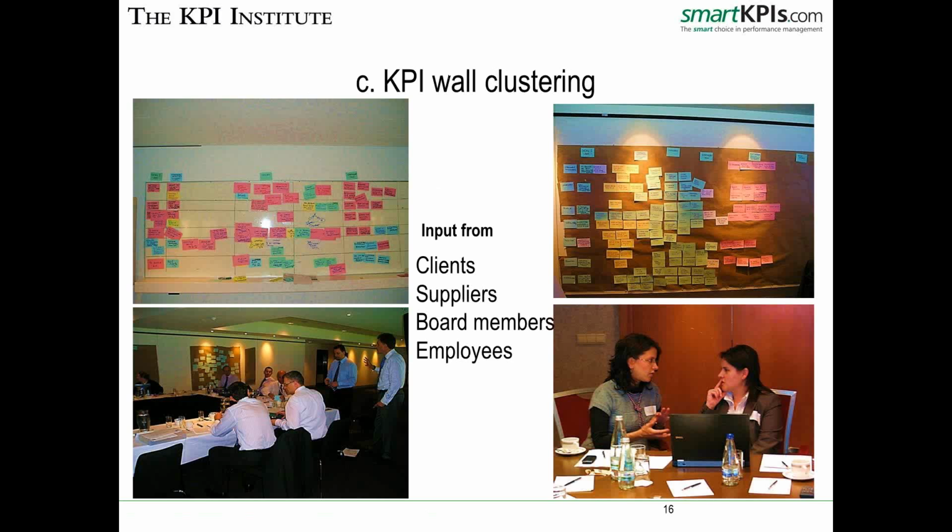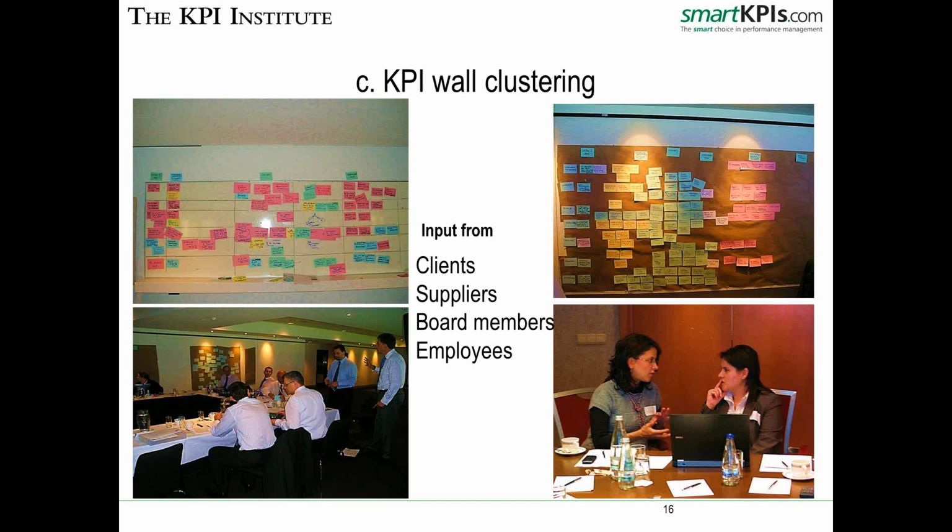The third technique is called KPI wall clustering, and it's all about listing the examples of KPIs identified so far into clusters by objective, or in case they are clustered as part of a dashboard, by a relevant grouping. An important step in this is to ensure interactivity as part of the workshop. Ensure that participants talk to each other and are expressing freely ideas, opinions.